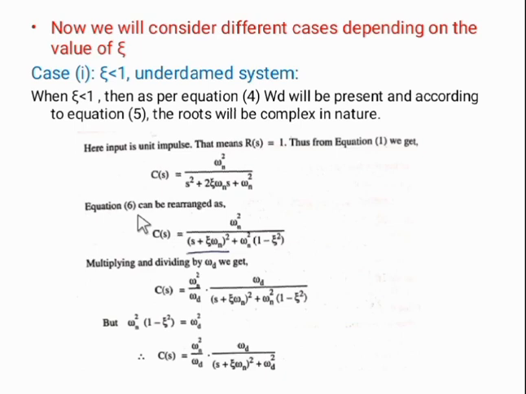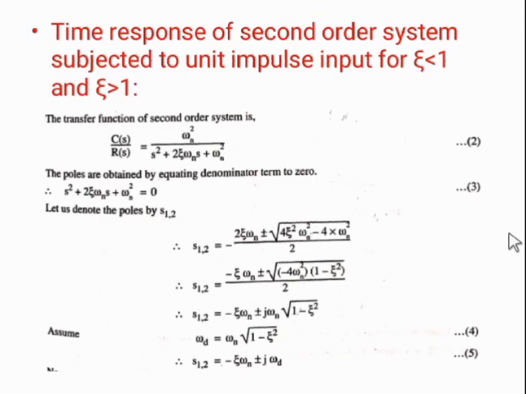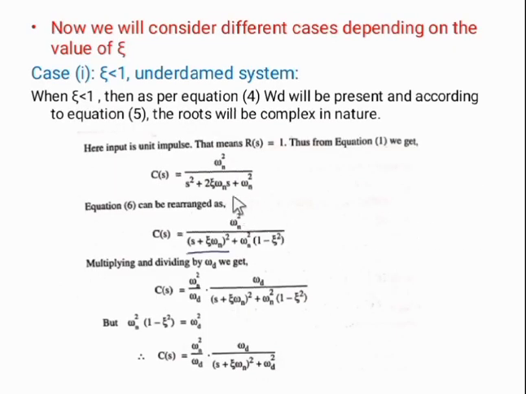Now equation C we can rearrange. If we take the common omega n square and rearrange this equation, first we have to add and subtract zeta square omega n square and take common omega n square, so we get 1 minus zeta square.